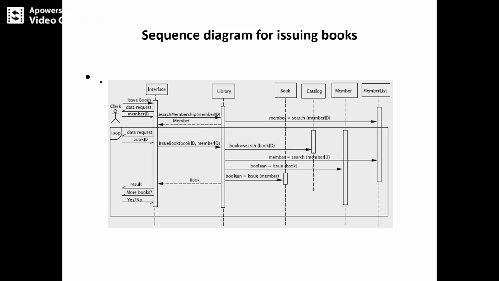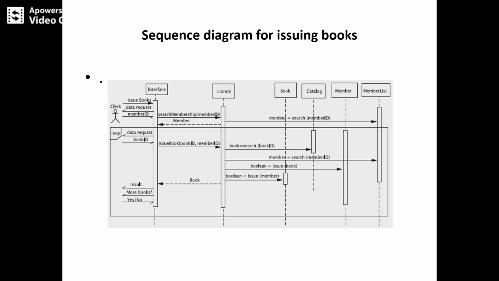In the library we are providing a method for issuing a single book to the user, so the user interface invokes this method repeatedly in order to issue several books to the user. This is the time for passing the member ID and the book ID as parameters.